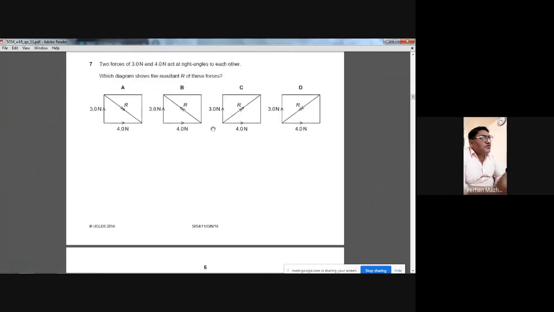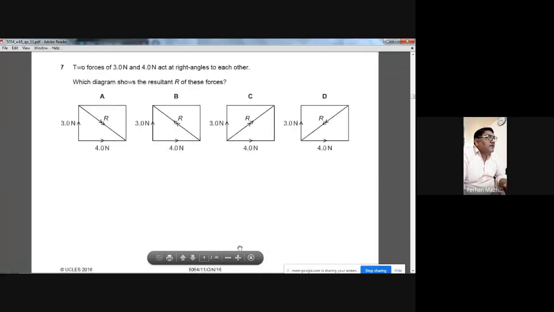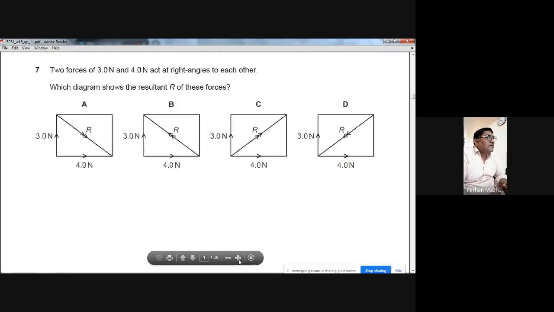Two forces of 3 Newton and 4 Newton act at right angles to each other. Which diagram shows the resultant R of these two forces? You see, here they have drawn parallelograms.